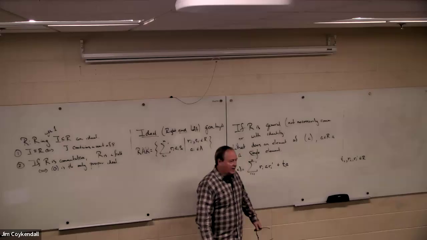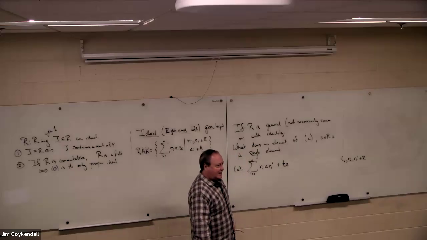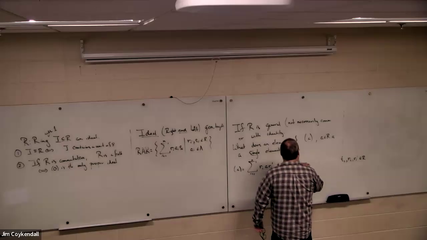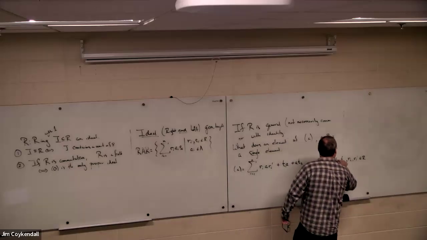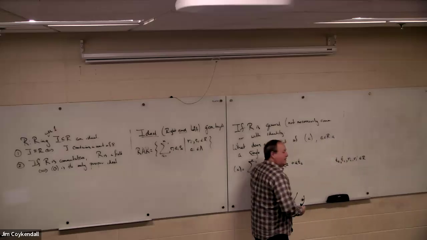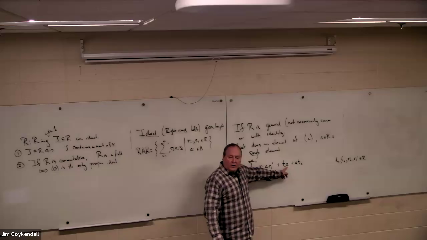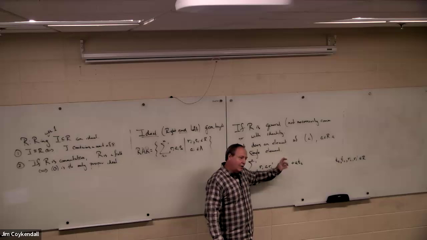By the same token, what else do you have to have? You also have to absorb it from the right. Notice, I don't need a sum here, because if I have T1A plus T3A, I can group that as T1 plus T3 times A, right?